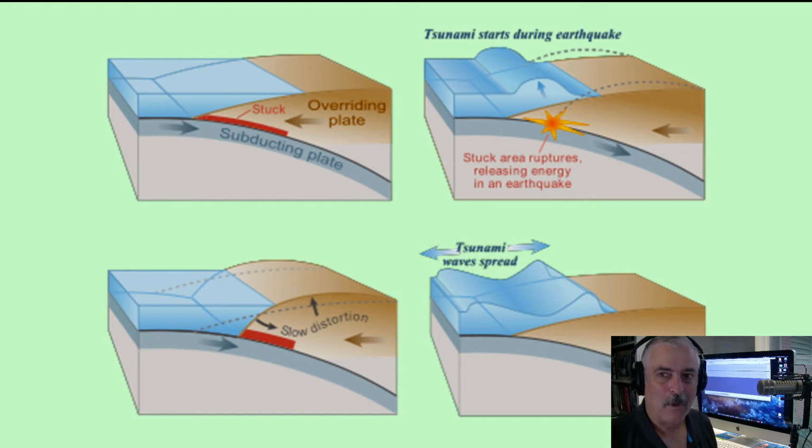But what happens then when it gets onto a shoreline, that wave has a low frequency and a relatively high amplitude, I guess. When it comes on shore, it begins to slow down. And when it slows down, it begins to pile up.